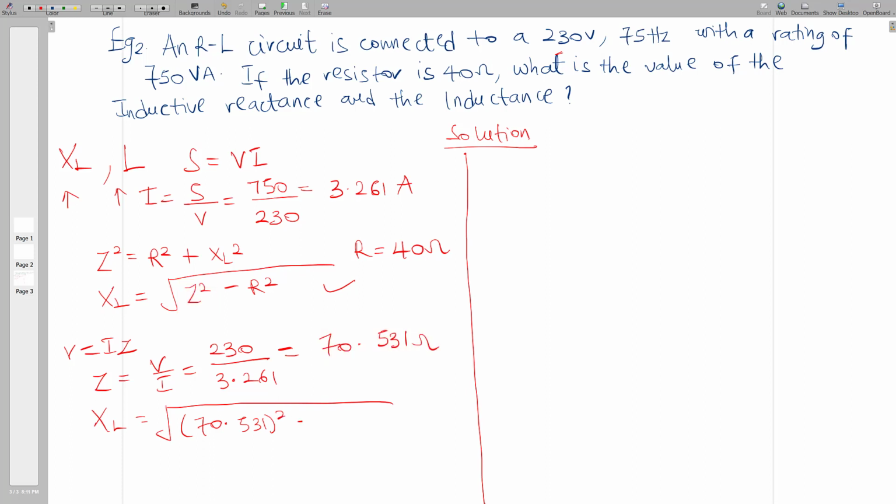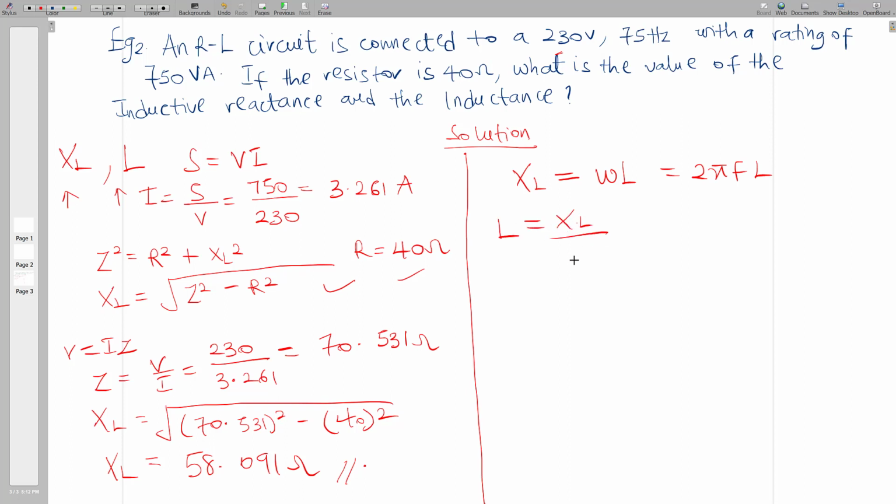So XL, as I said, by substitution from here, will be the square root of Z squared, that is 70.531 all squared, minus R squared. We have R to be 40, so 40 squared. So the value of XL, and in that case the inductive reactance, will be. So then if you have XL, you can find L, because XL is equal to omega L, and omega is equal to 2 pi F. L will be equal to XL over 2 pi F, right?